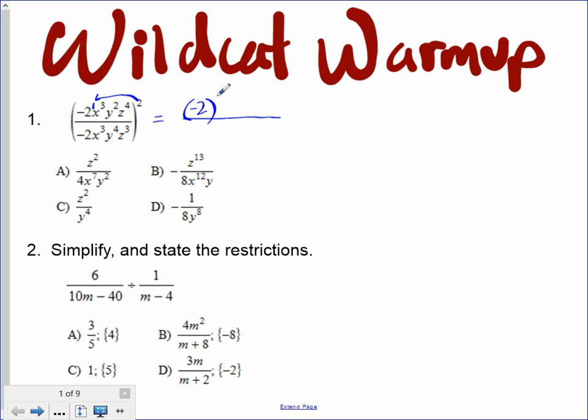Okay. What are you doing with the exponents? Good. Stop right there. Denominator, Jacob. Okay. Tell me what's right.